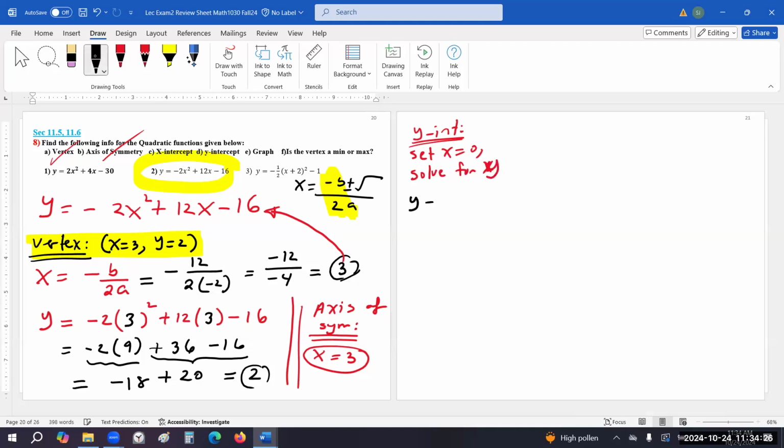So we have y equals negative 2 times 0 plus 12 times 0 minus 16, which is negative 16. But let's say they want you to write it in point format. It's (0, negative 16).